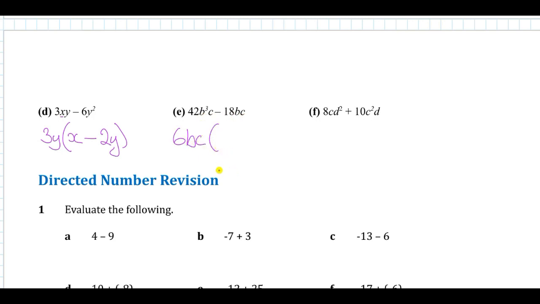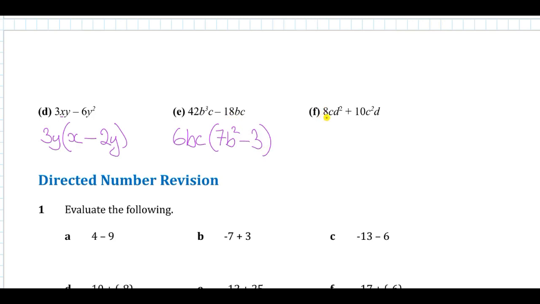Open the bracket. 6 7s are 42, but I need the b to become b cubed, so I'm going to put b squared there. All of that times that will get me 42b cubed c. I need to subtract the 3 BC, and BC is already taken care of, so I'm going to close the bracket. 6BC times 3 will get me 18BC.